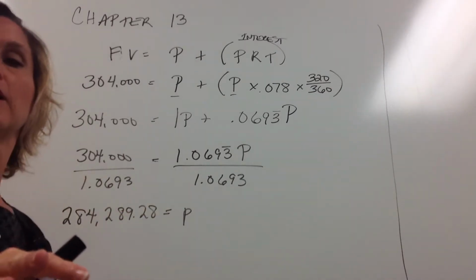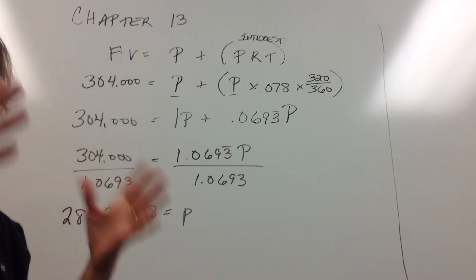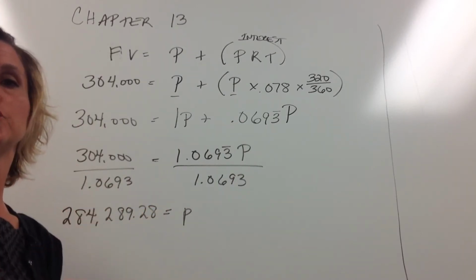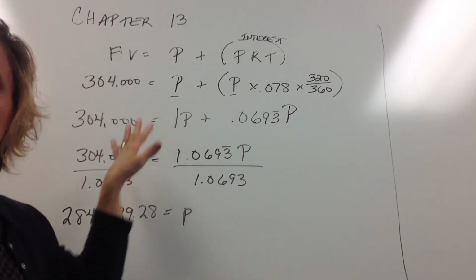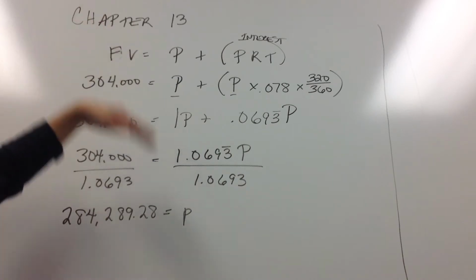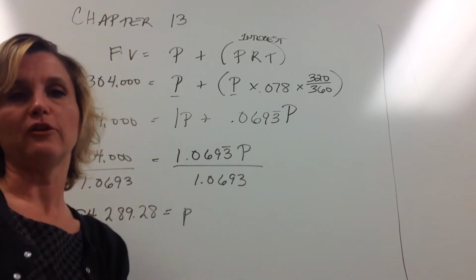My other word of warning is, when you're looking at your test and it uses words like present value or maturity value or future value in this area, don't use your time value of money keys.